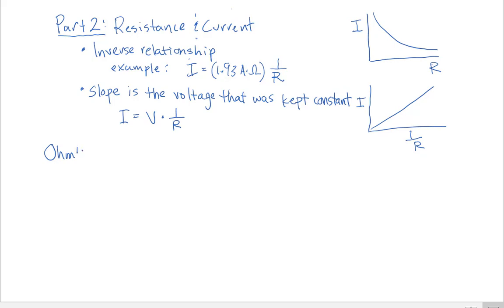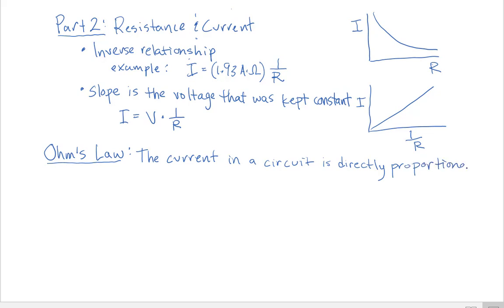So Ohm's Law, after our George Simon Ohm, Ohm's Law is that the current in a circuit is directly proportional to the voltage and inversely proportional to the resistance.